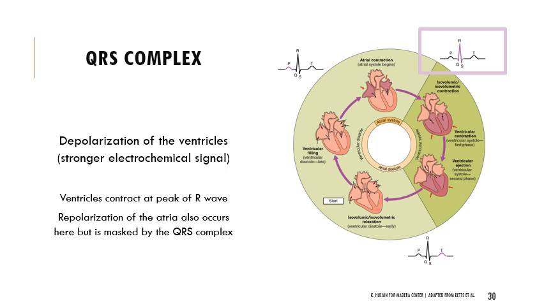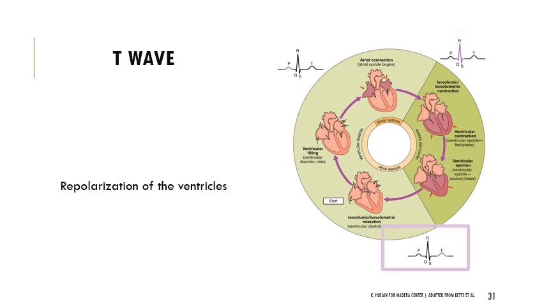So remember that the P wave indicated depolarization of the atria. Somewhere in this QRS complex, we have repolarization of the atria, but it's masked by the QRS complex from the ventricular cycle. Then we have the T wave, which represents repolarization of the ventricles. We can see this, it's not masked by anything.